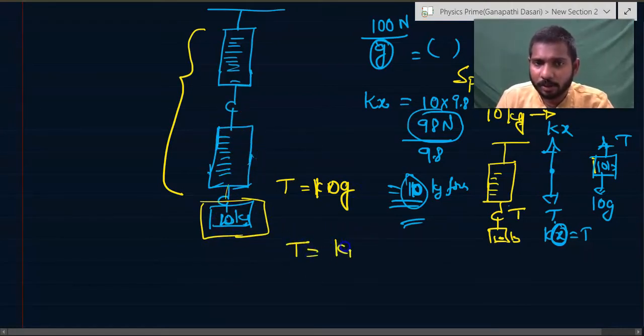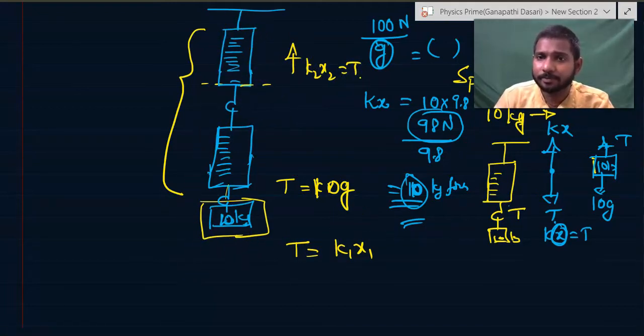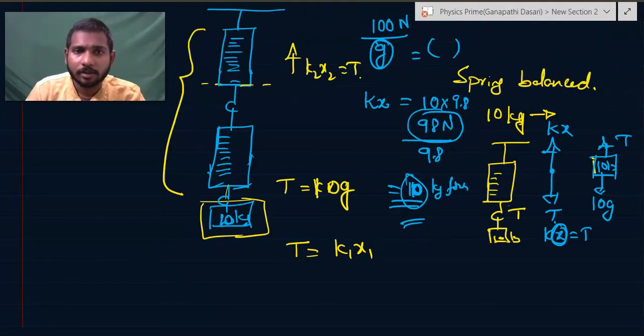T is equal to k1x1. In this spring, the force will be in the upward direction. k2x2 is equal to the tension. So for the spring balances to be in equilibrium, both k1x1 and k2x2 should be equal.